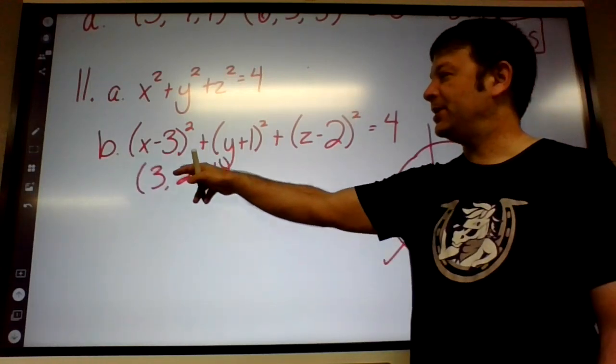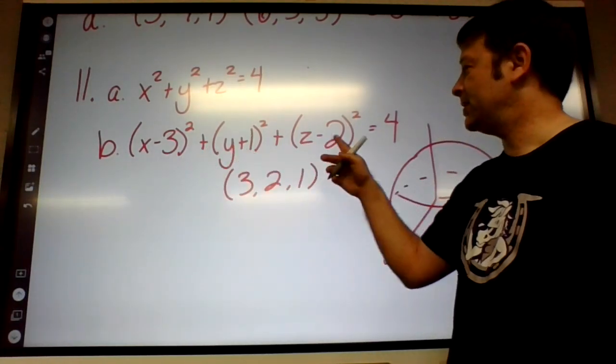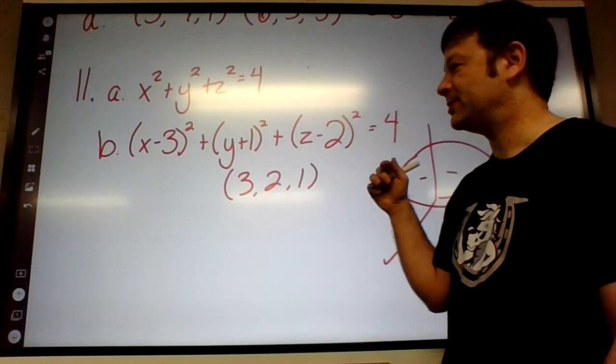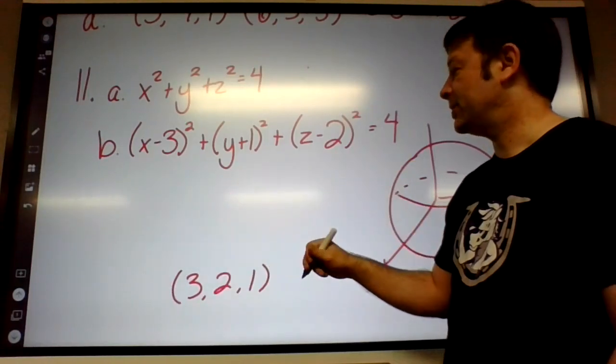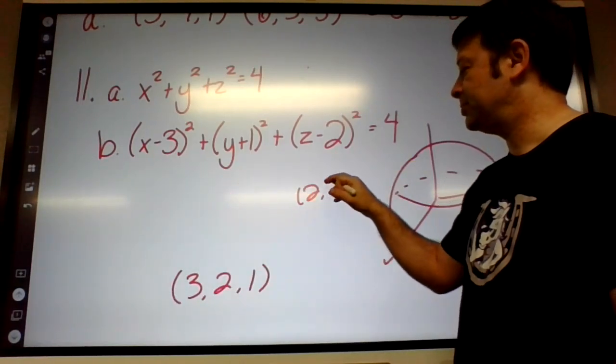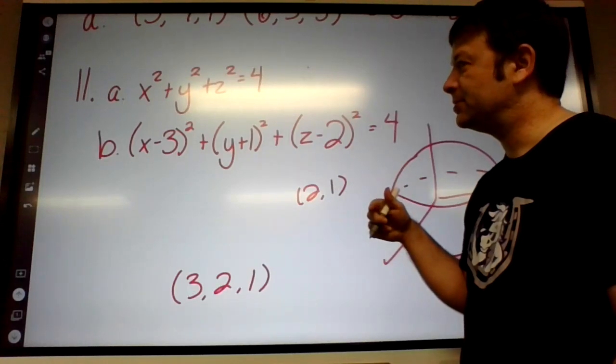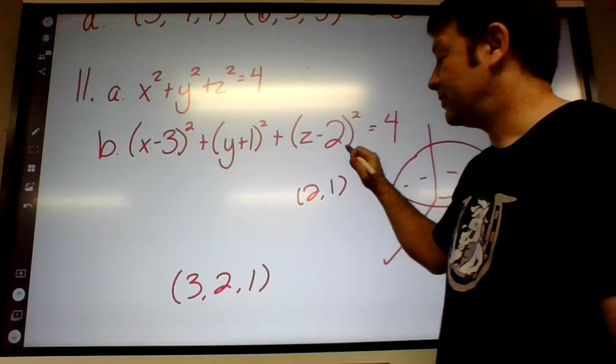If you plug these in, 3, 2, and 1, and it equals 4, then it's a point on the sphere. Kind of like when you plug in 2, 1 into a linear equation, it should be a point on the line, if it works.